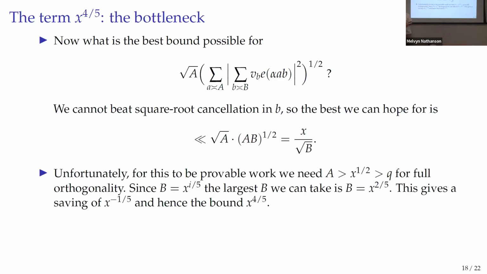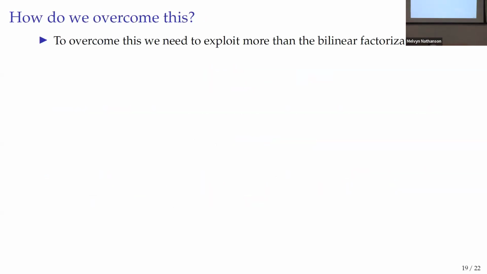But if A is bigger than x^(1/2), B is less than x^(1/2), and then the largest B that I can take is x^(2/5). And then I can get square root cancellation in the sum over B. So I can save exactly x^(-1/5), and that's the 4/5. That's actually where this is coming from. That's the bottleneck. So if you want to go beyond this, you need to go beyond bilinear methods.